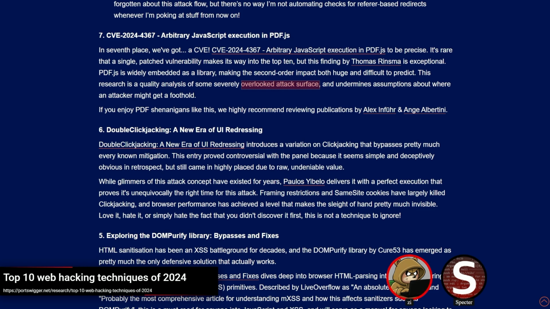And of course, it's not a frame, so X-Frame-Options won't do anything. So it is a really simple thing that led to bypassing the existing protections, and is a way of still doing clickjacking despite a lot of protection. So it is cool.